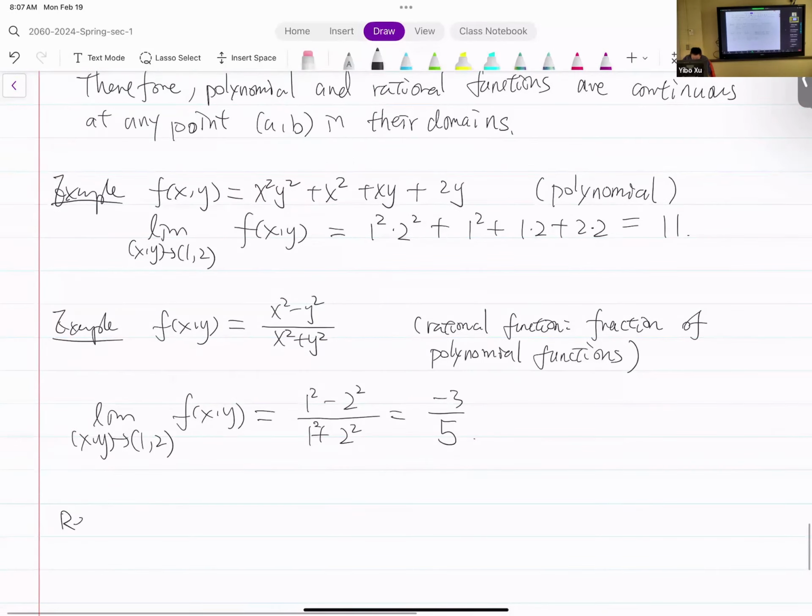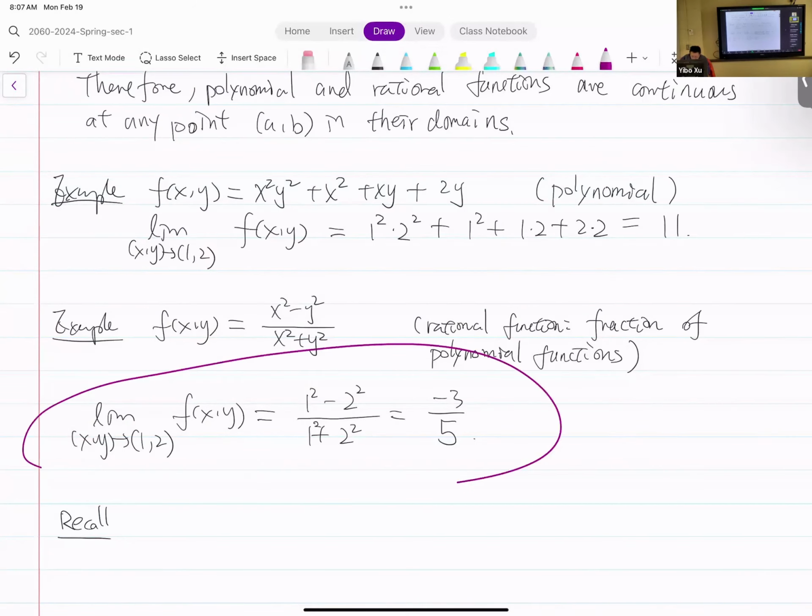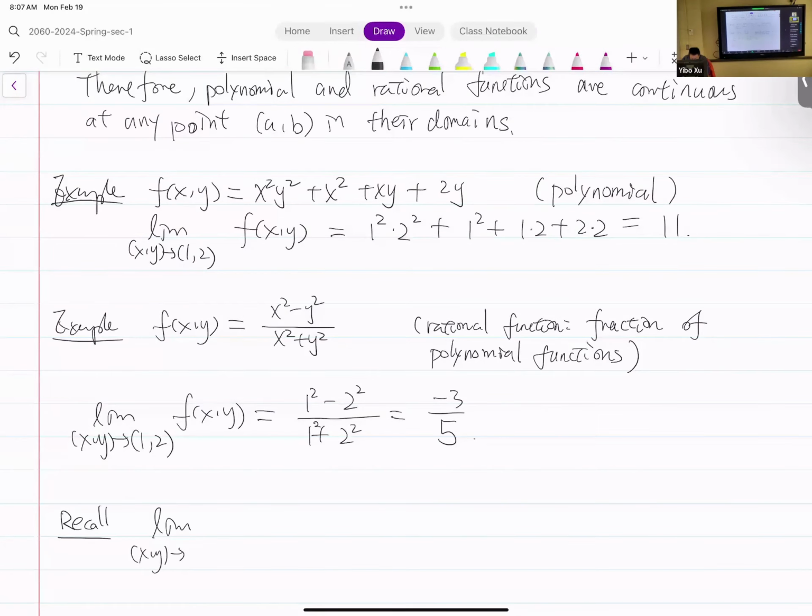So here, recall this result about the fractional function, this rational function, we have seen at the earlier stage of this section, the limit of this rational function when xy approaches the origin does not exist.